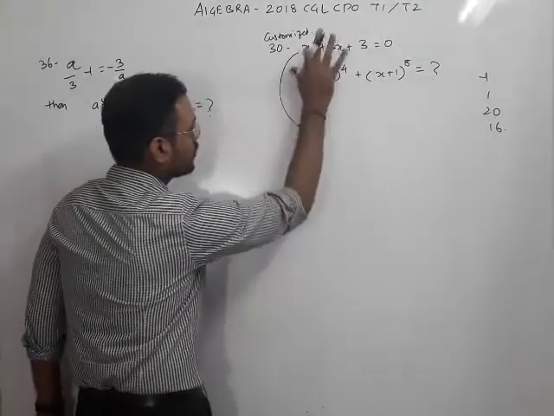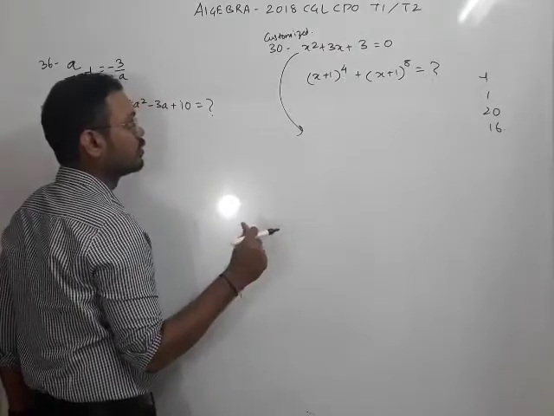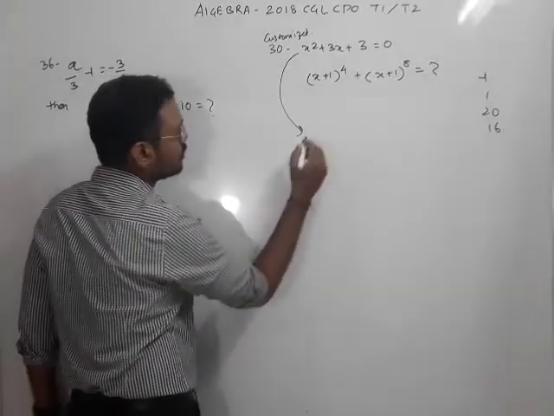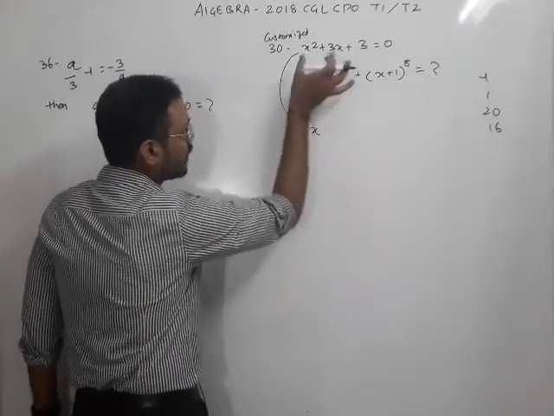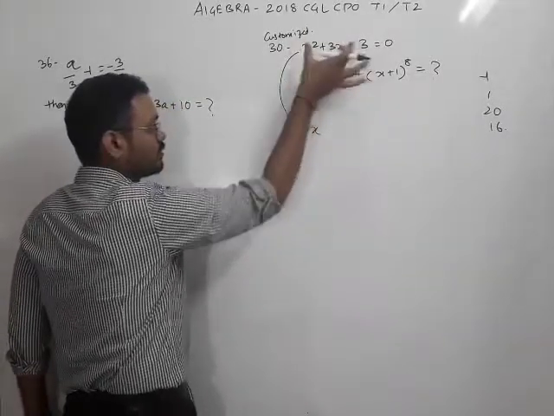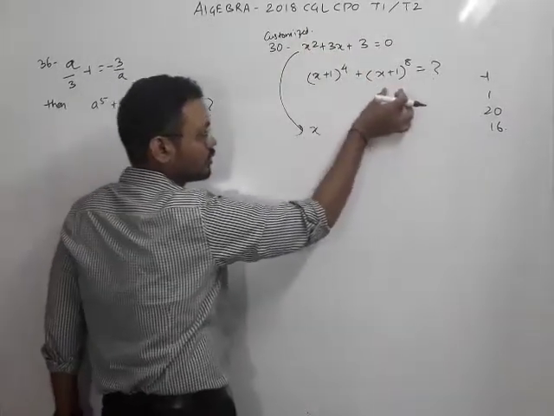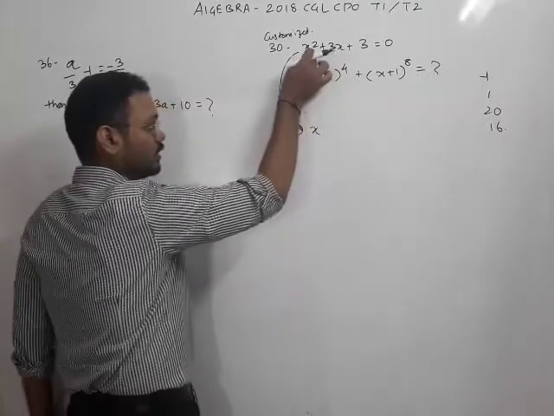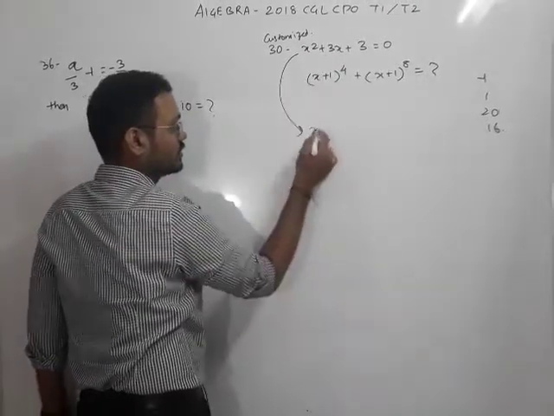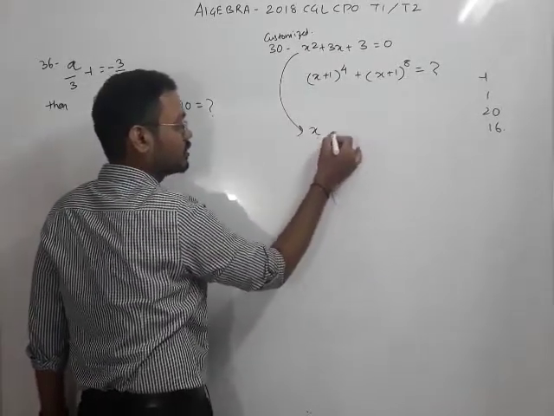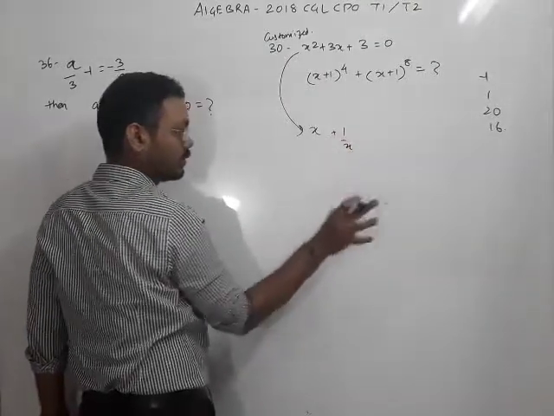I'll only tell you the simpler way. If you put it as, I know that this is given, I know that this is to be found. If I am dividing this equation by x, I will get something of the form x plus 1 by x. But I am not interested in that.